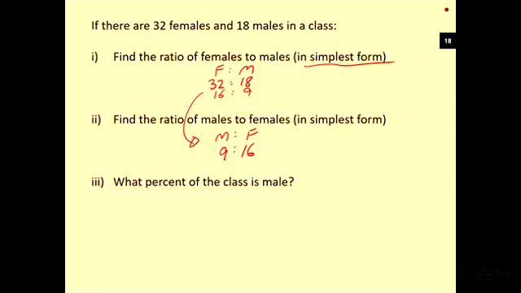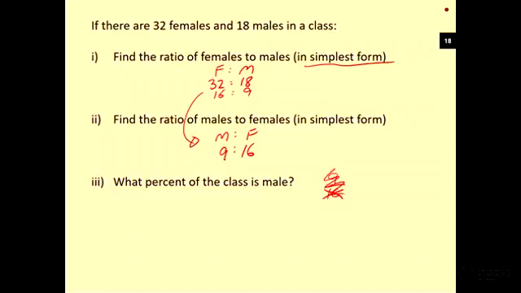What percent of the class is male? Here it might be tempting to think, well, it's 9 out of 16, but it's not, is it? It said of the class. So the percent of the class, how many people in the class? Well, it's not 9 out of 32. I want to go back to my raw data. I don't want my simplified ratio.